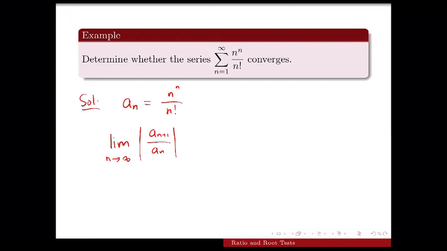This is just the limit as n approaches plus infinity of n plus 1 raised to n plus 1 divided by n plus 1 factorial, and then a sub n is in the denominator. So we can do the multiplication, but we need to get the reciprocal. This is n plus 1 over n to the n. And these are all positive, so we can remove the absolute values.